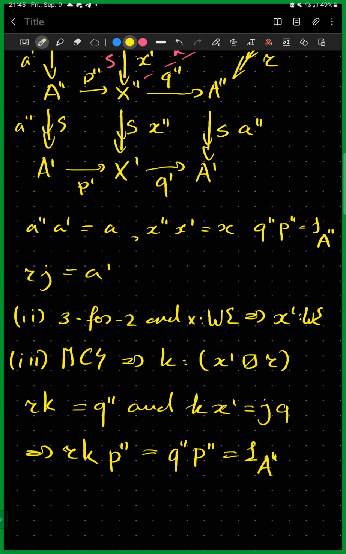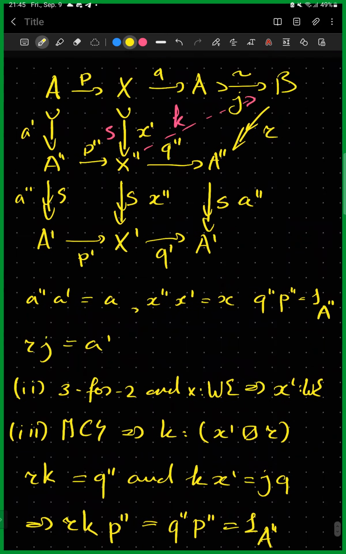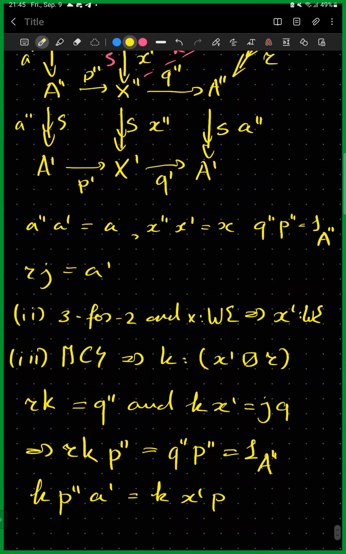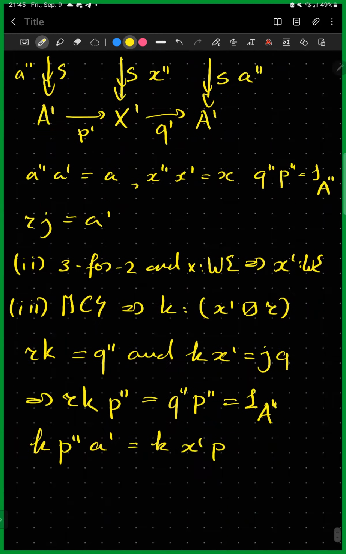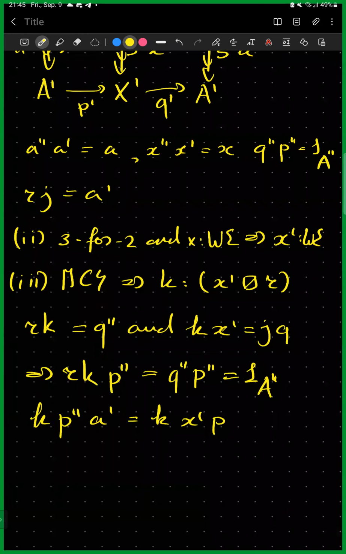Also we have that KP2 primes A prime is equal to K X prime P. This is the commutativity of this square. So this in turn, by this observation, is equal to JQP, which is just J because QP is the identity map.